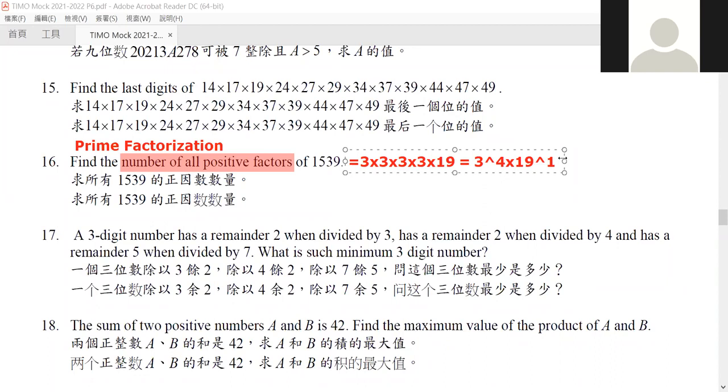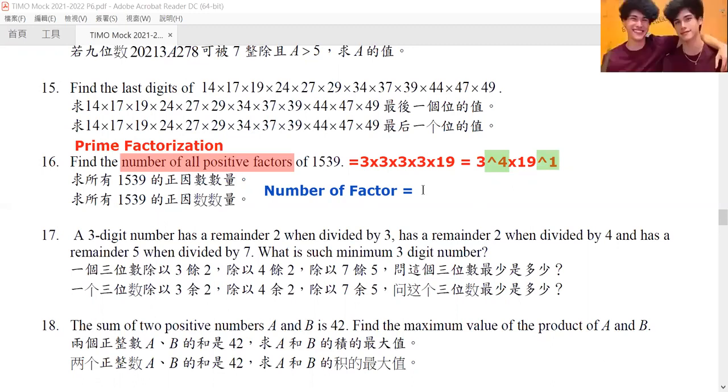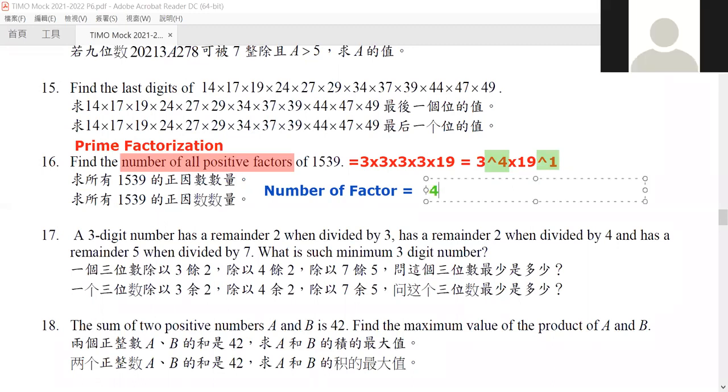Now, once you write it in this form, the number of factors can be given out using this formula. The formula is that you get all the indices of the primes, you add 1 to each, and then you multiply them together.